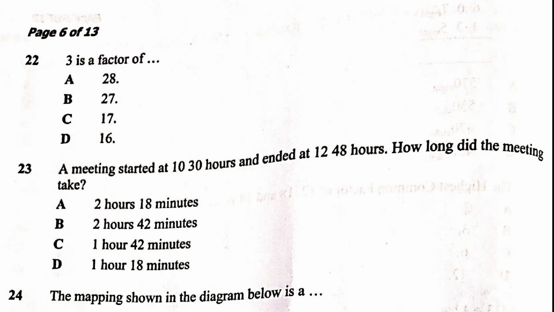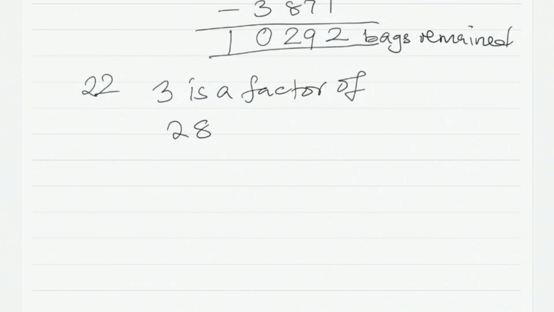If we try 28, 3 can be divided into it, but it's too much, leaving a remainder. So 28 does not work. Let's look at 27. 3 into 27, it will go in 9 times. This works. So in 27, 3 can be divided.